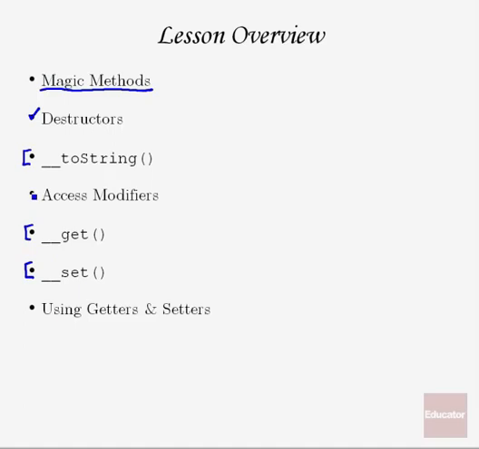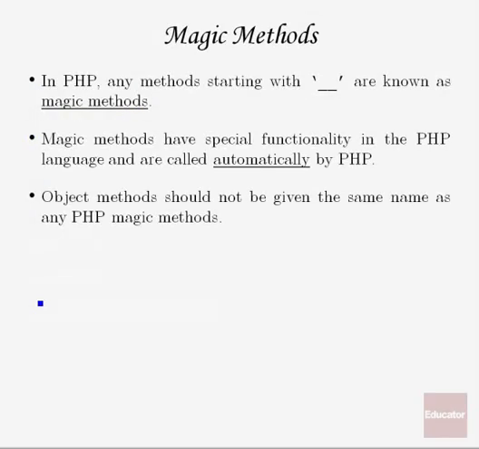And then we're also going to talk about the concept of access modifiers, which relates to declaring, for example, all of our properties and functions so far have had the public keyword listed before them. So we're going to talk a little bit more about why that is and how we're going to change that. And then in general, we're going to finish up talking about using getters and setters, which are ways to get and set properties of a particular object.